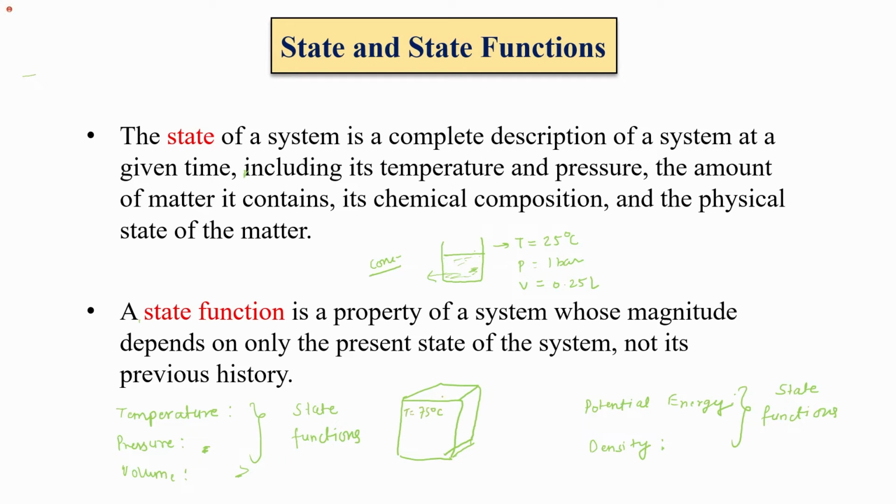It doesn't matter how this temperature of 75 degrees Celsius has been reached, the temperature will be the same. The temperature at this time is 75 degrees Celsius. It doesn't matter what path it has taken. So therefore the temperature is your state function.